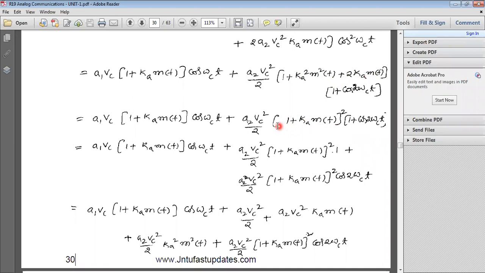So therefore, we have A2 Vc square by 2 into 1 plus Ka m of t whole square into 1 plus cos 2 omega Ct.